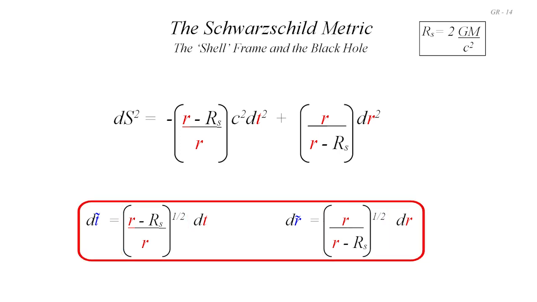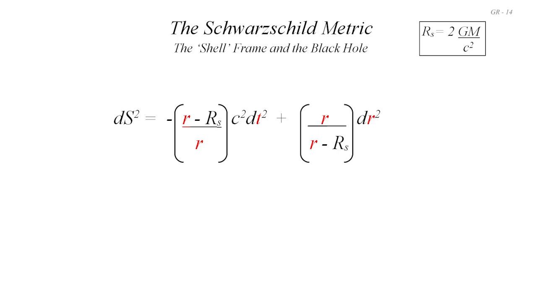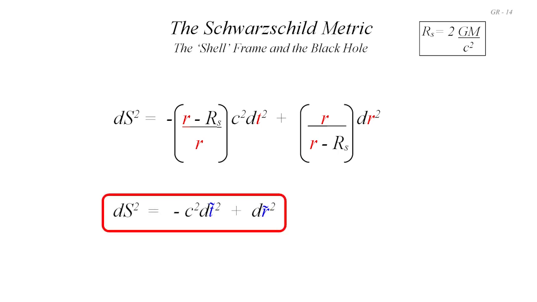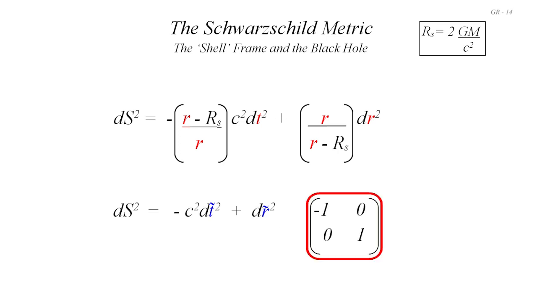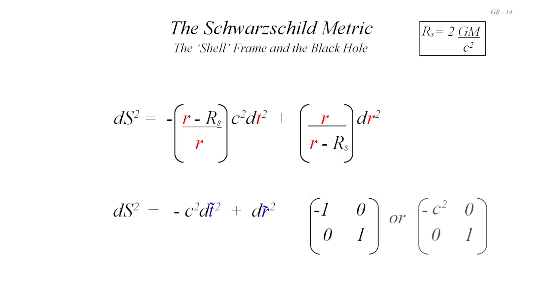Given this coordinate transformation, that would give the space-time interval on the shell, and in these coordinates, as ds squared equals minus c squared dt tilde squared plus dr tilde squared. And this, of course, looks a bit like the Minkowski spacetime, with the metric tensor being like this, minus 1, 0, 0, 1, for these new coordinates.